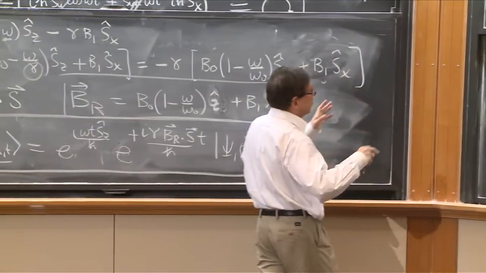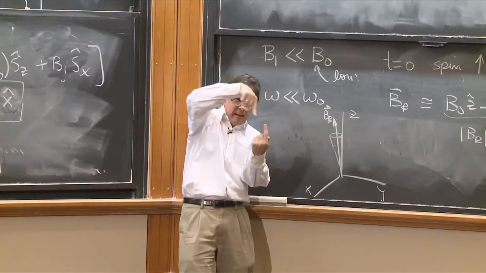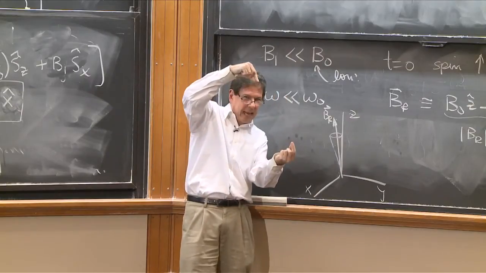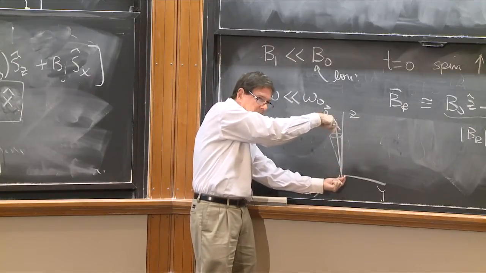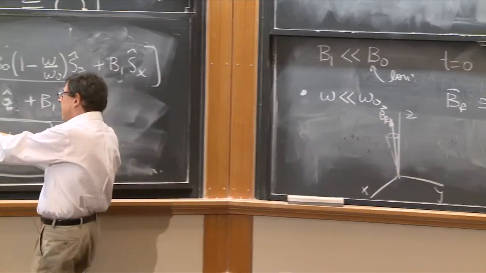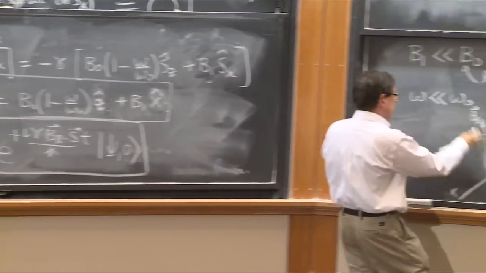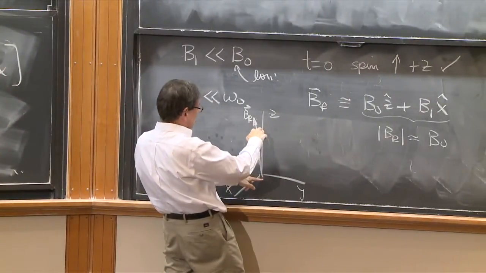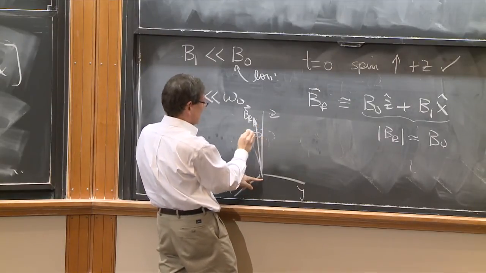Therefore, it produces a very fast rotation. So what you must imagine is this little spin state generating this cone here and rotating 1,000,000 times a second. But this whole thing is still being rotated by this exponential around the z-axis. So this whole cone, in some sense, is precessing around the z-axis.